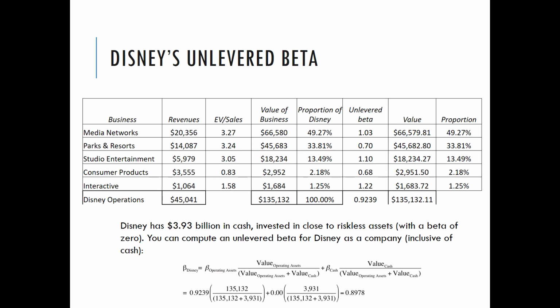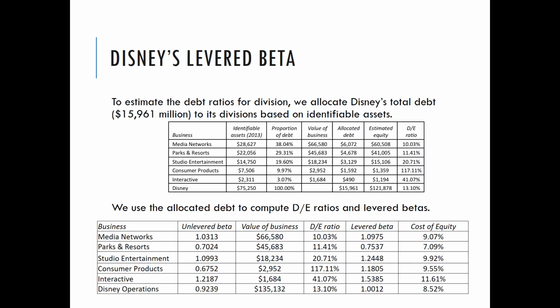Multiply the revenues by this number and you get the value of the business that's implied based on comparable firms. And you can then use this amount, the value of the business, as the weightings for these betas. Again, really long approach.